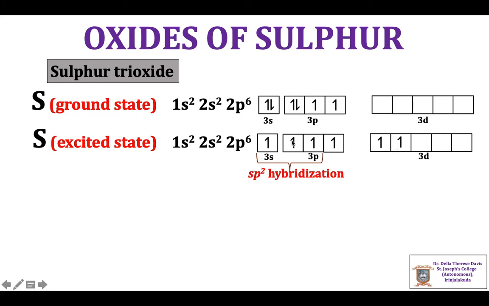That is, one 3p electron and one 3s electron are excited to the vacant d orbitals. And sulfur undergoes sp2 hybridization to form 3 hybrid orbitals with 3 unpaired electrons and 3 unhybridized orbitals with 1 electron each.